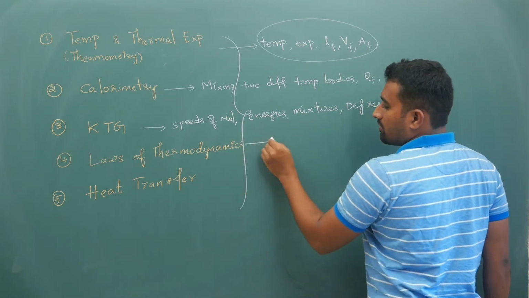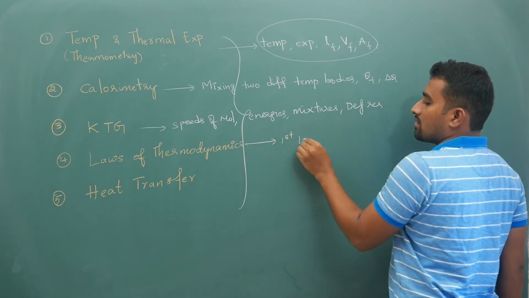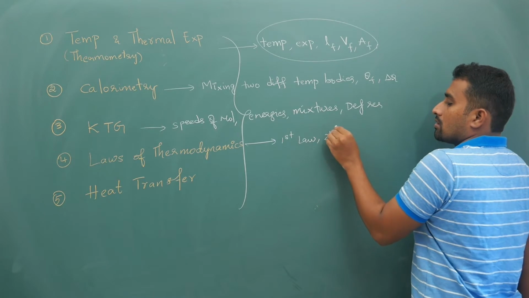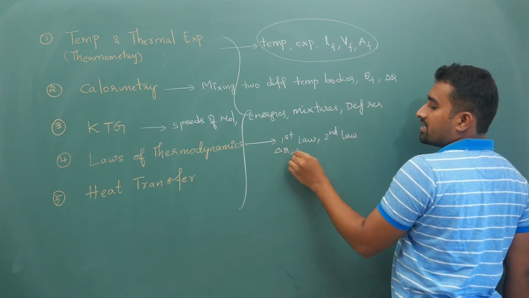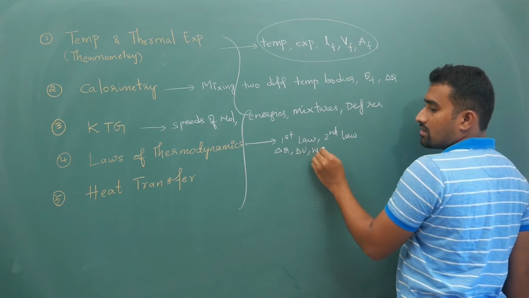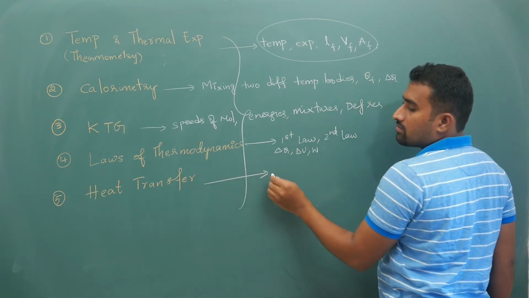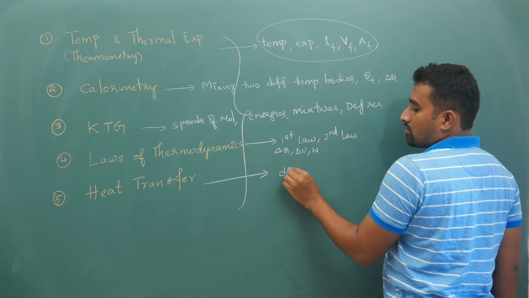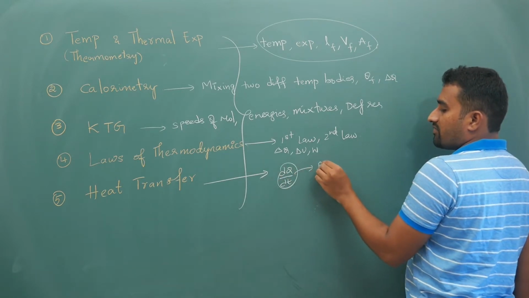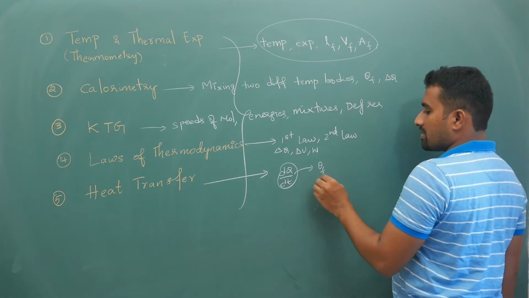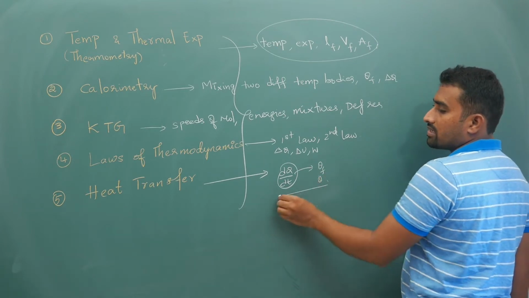And your laws of thermodynamics, your first law, second law, we'll study in detail. So basically it is calculation of heat energy, internal energy and work. And in heat transfer, once again your dQ by dt, how much heat energy is transferred, and your final temperatures if required, temperature of junctions and all we'll calculate in this chapter.